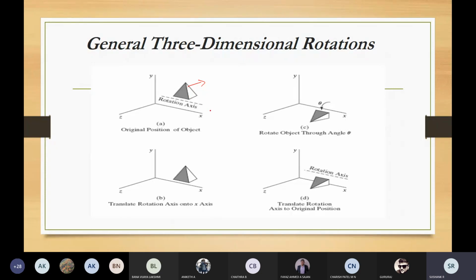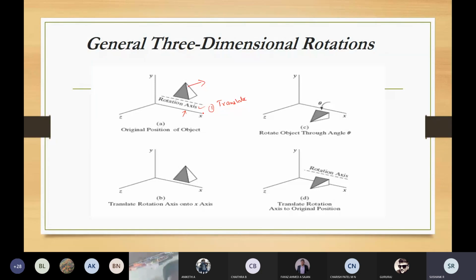The first step will be to translate this object so that the rotation axis coincides with the coordinate axis, or is parallel to the coordinate axis. So this will be the first step.